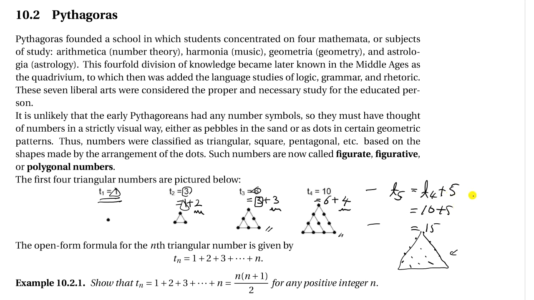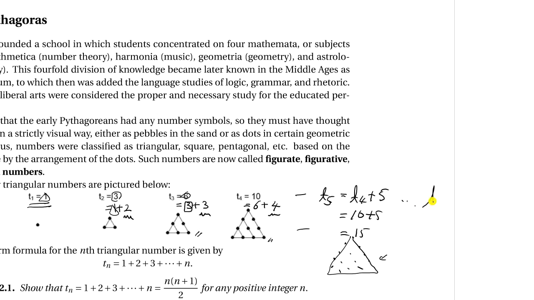So we can say for an arbitrary integer n, Tn should be the same as Tn minus 1 plus, when you look at this, T2 is adding 2, T3 is adding 3, and T5 is adding 5. So Tn must be adding n there, right? So this should be a nice formula, okay, in one way.